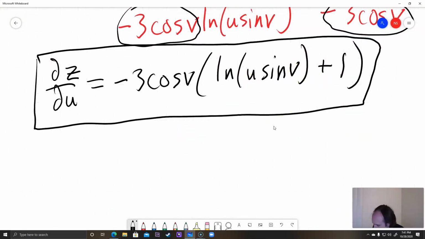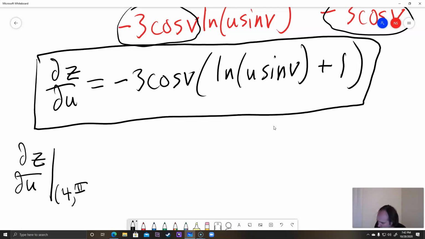So if we want to do that one, partial z partial u, evaluate at the point 4 comma pi over 4, we use this notation down here. Remember, the vertical line and then the little point at the bottom means you're evaluating the function at those, where the first one's u and the second one's v. Okay, so we're just going to be plugging in here and then simplifying.